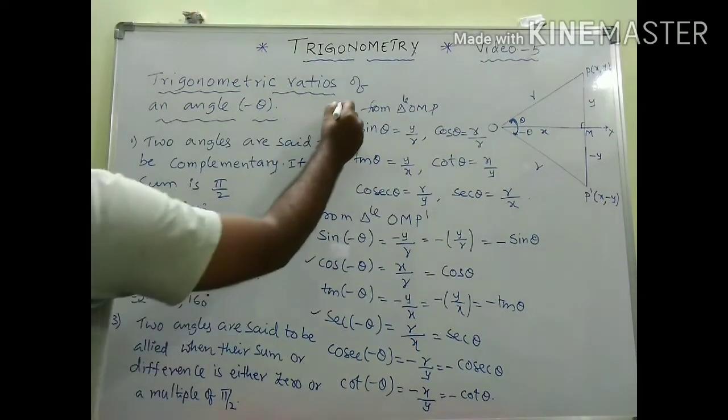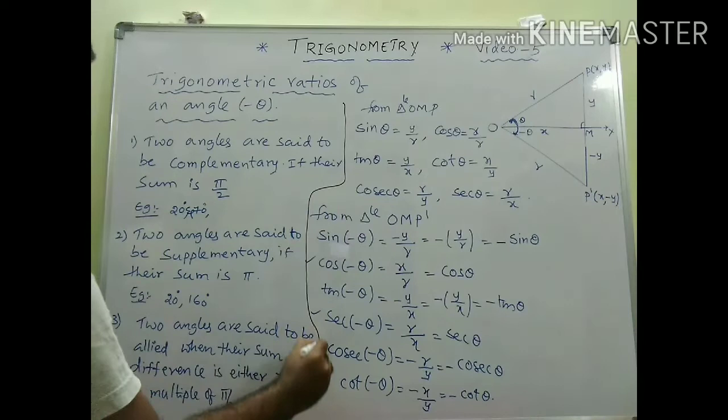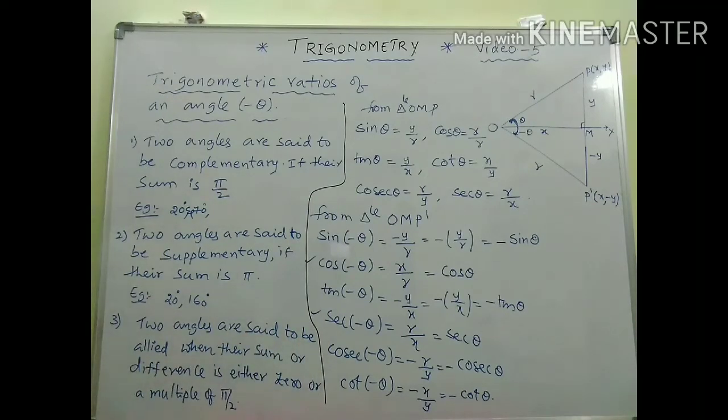So after that, let us see the definitions of complementary angles, supplementary angles and allied angles. Coming to complementary, two angles are said to be complementary if their sum is 90 degrees, pi by 2.